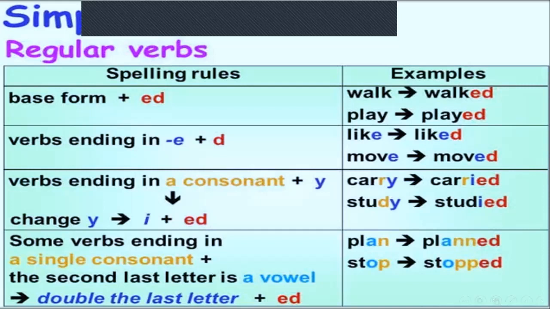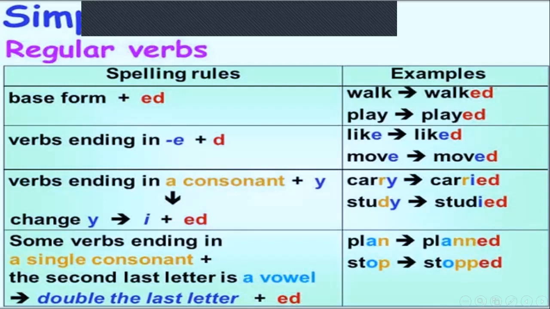Here it ends with a, a vowel letter, and the letter n here is a consonant letter. This means that this verb ends in a vowel letter plus a consonant letter.